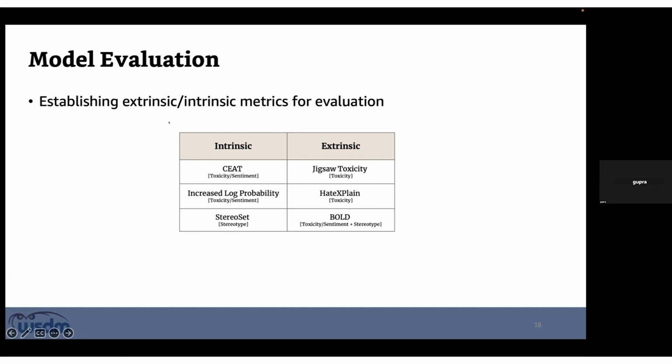One thing we observed was that there are a bunch of metrics when it comes to fairness evaluation, and we had to look at them very carefully. We saw that there are intrinsic metrics which directly evaluate the model based upon its parameters, or extrinsic metrics which evaluate the model based upon its performance on a certain task.